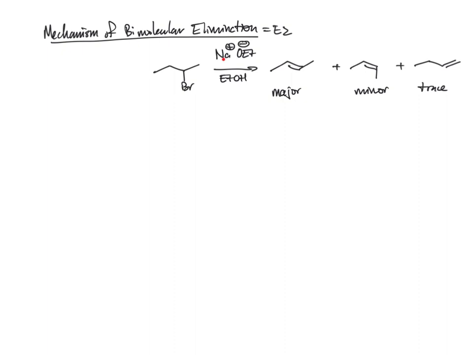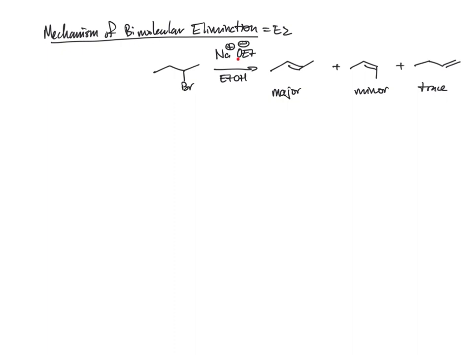You're looking at what is this? We have a sodium cation balancing out the negative charge of ethoxide. So the question you're probably asking is how do you know nucleophile versus base? And again, this is probably something that's just easiest to memorize.